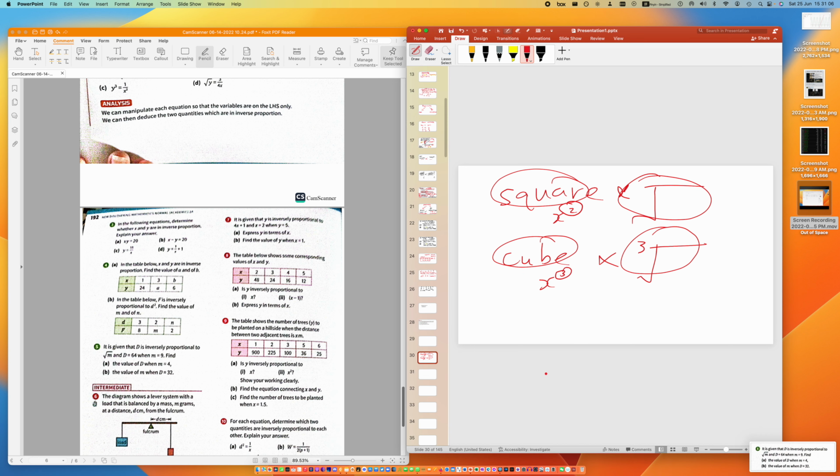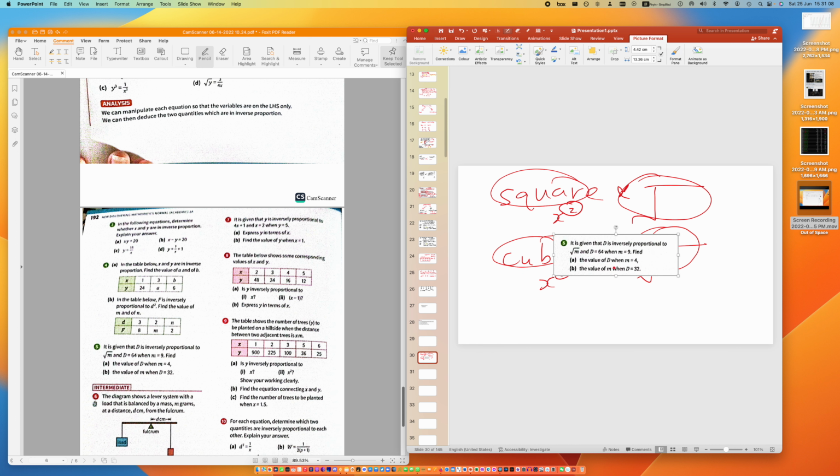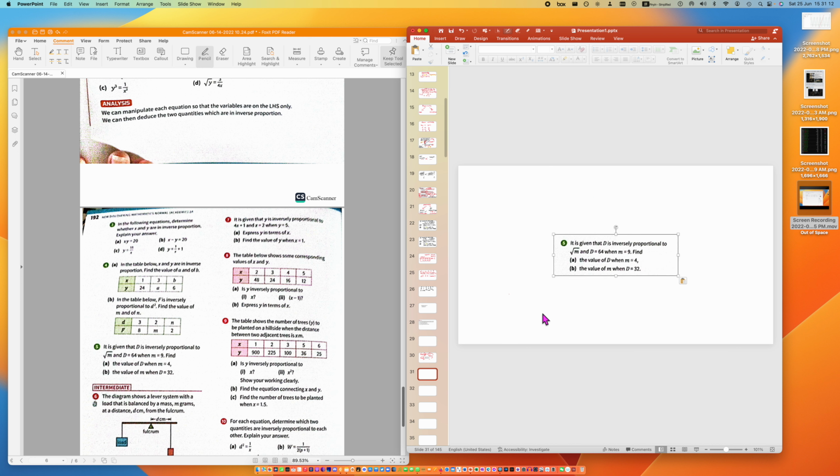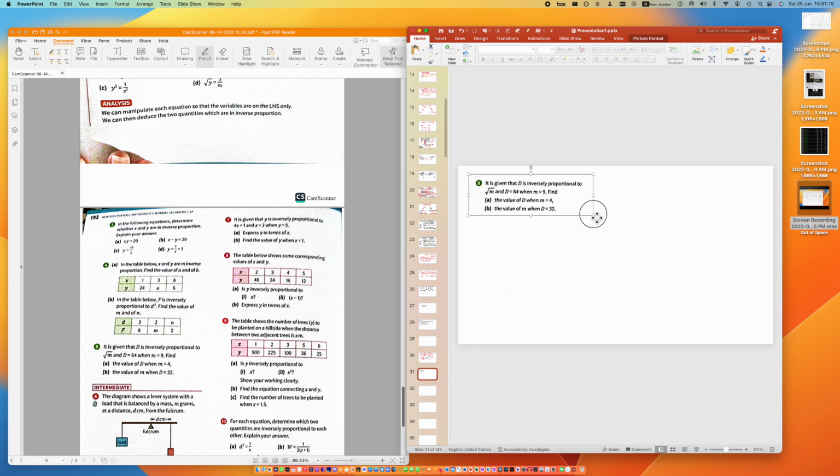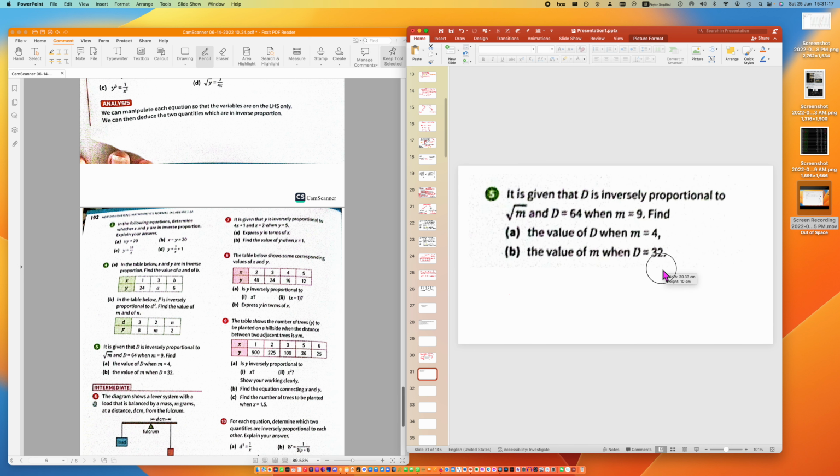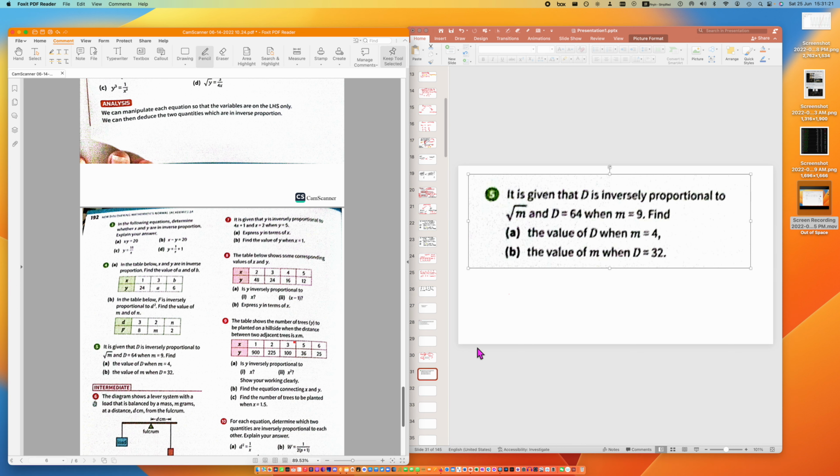Okay, question 5. Okay, this is question 5. Can you remember the steps already? Do you think you remember the steps already? Yes or no?